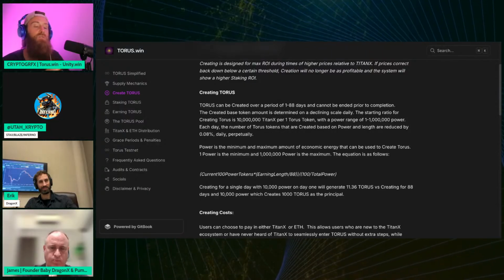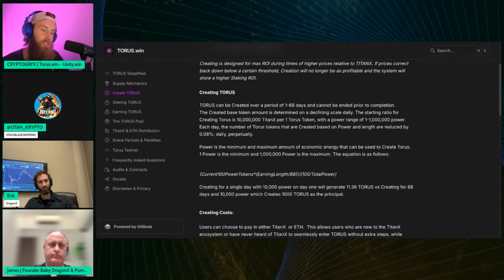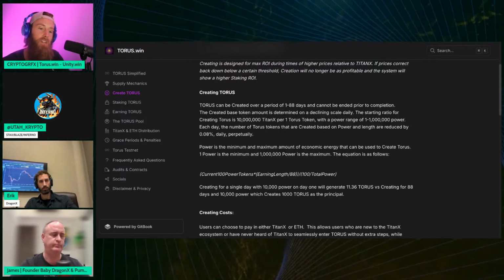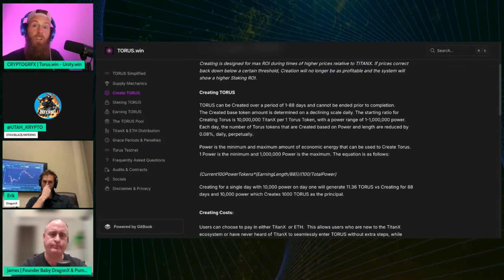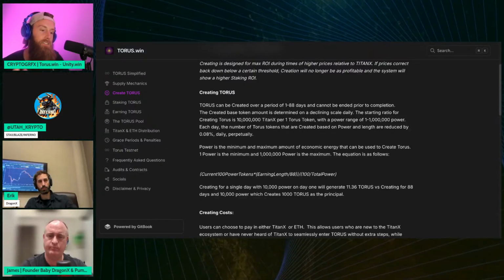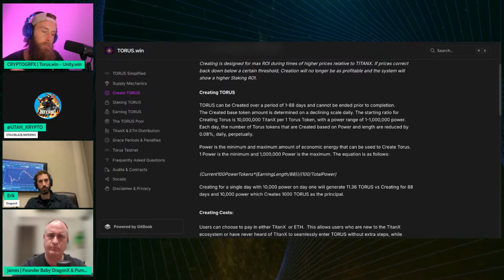And that allows for, as this ecosystem scales, for people to be able to put in proper amounts and not be stuck trying to put in billions when billions are unattainable. So all this gets more difficult by 0.8% daily, perpetually.